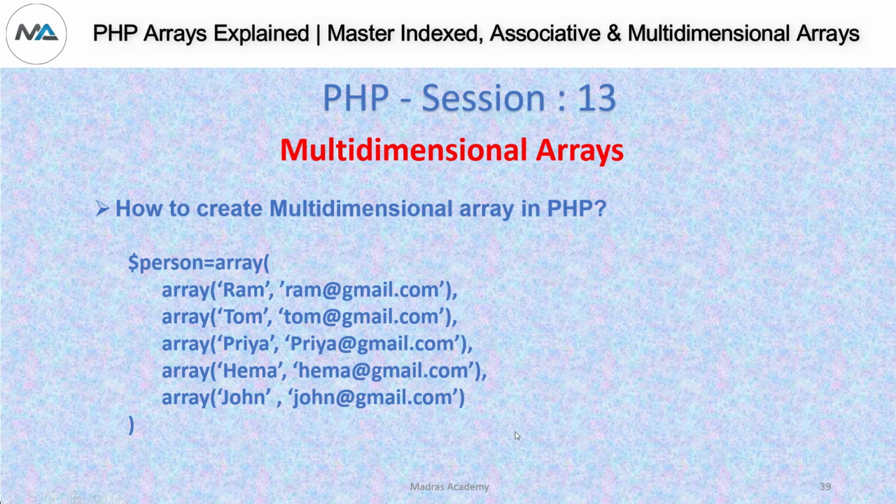In the same way, mobile number, qualification, whatever columns you need, you can write. If I retrieve an element from this person variable, we need to use row and column format. How to retrieve the element from this type of array, we'll see in a practical session. So these are the multidimensional arrays. Like this format we need to create it.